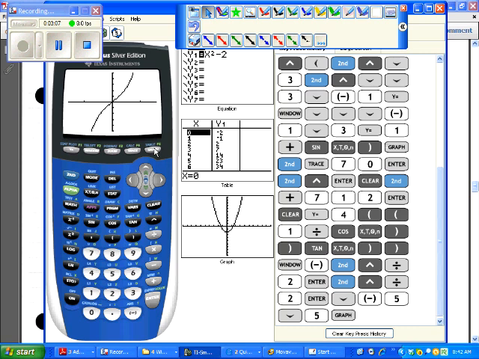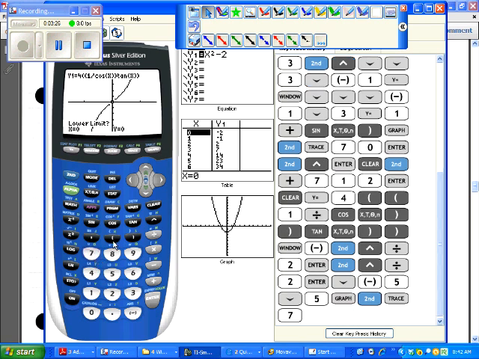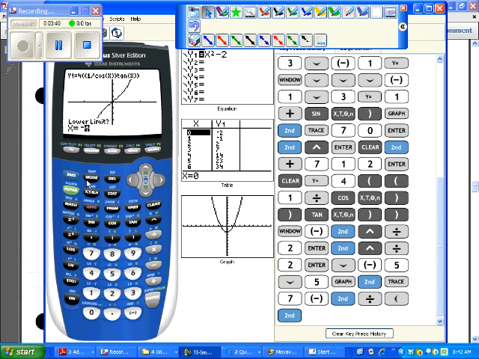And hopefully we have enough of what we're looking for there as far as the area. And then we're going to go to second graph, which is trace. And we're going to choose number 7, which is the definite integral. And we want to tell it the lower bound, and the lower bound is going to be negative, you said pi over 3. So negative pi, I missed that one. Negative pi, I'll try again.